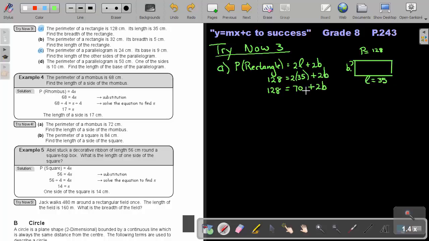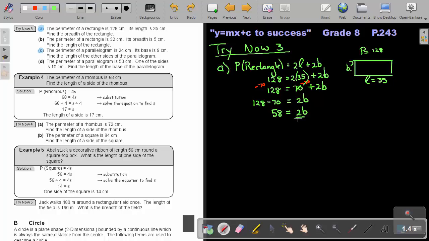Now, I want to keep this term alone on this side. To cancel this, which is positive 70, I subtract 70 on both sides. So I'm going to have 128 minus 70, and then it cancels and there is my 2b. If I subtract this, I get 58.